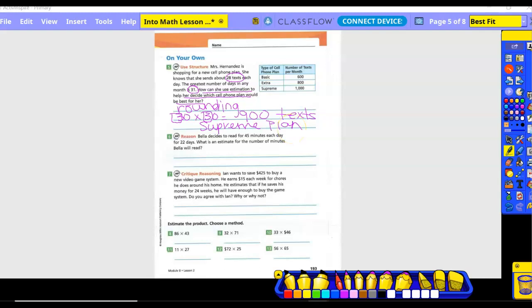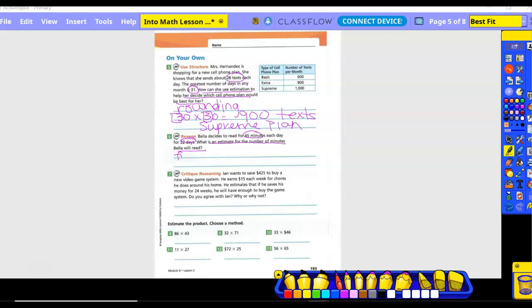Number 6, reason. Bella decides to read for 45 minutes each day for 22 days. What is an estimate for the number of minutes Bella will read? Okay, so should we do rounding? Should we do front end? Or what should we do? Could we do just front end on this one? Okay, so let's follow our numbers. So 45, 22, and which one is the best one?